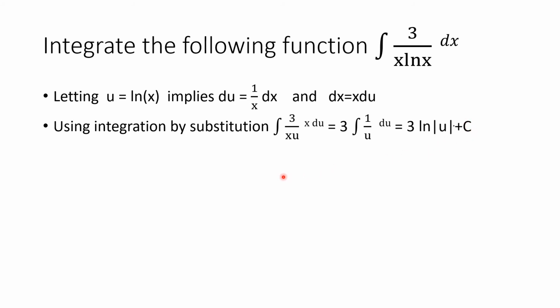That's going to be equal to plus c. So our final answer will be 3 ln of the absolute value of ln x plus c. That is the answer for this problem.